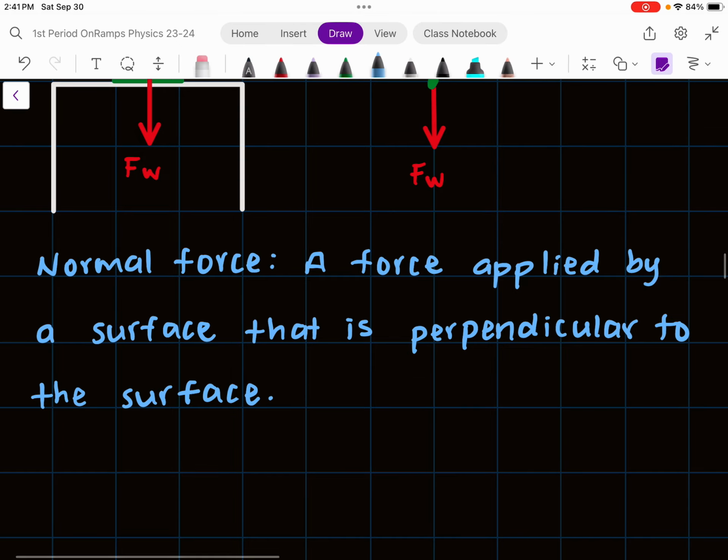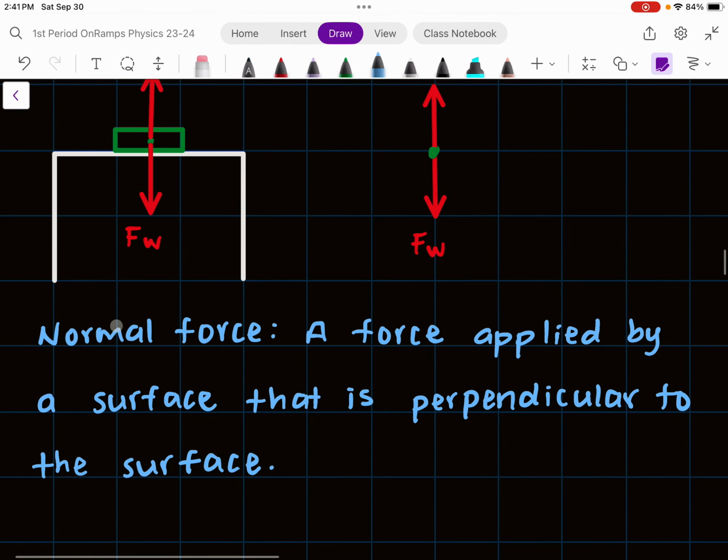In this case, normal is a mathematical term for perpendicular.